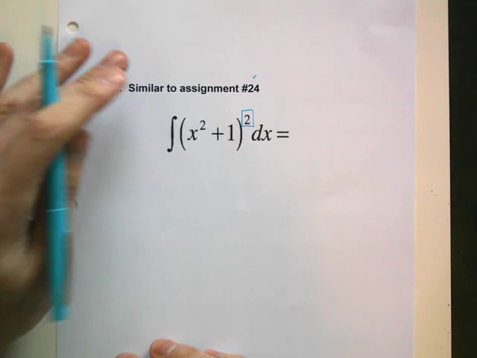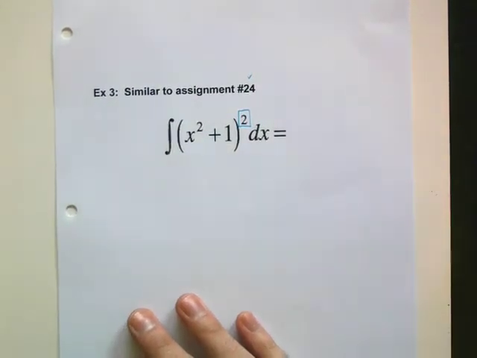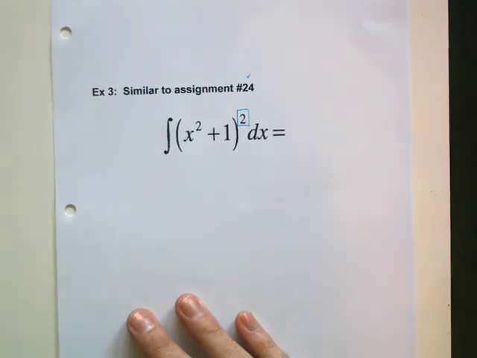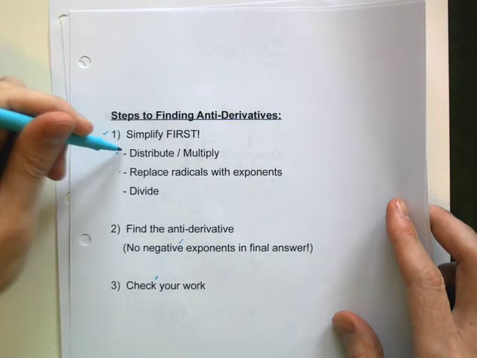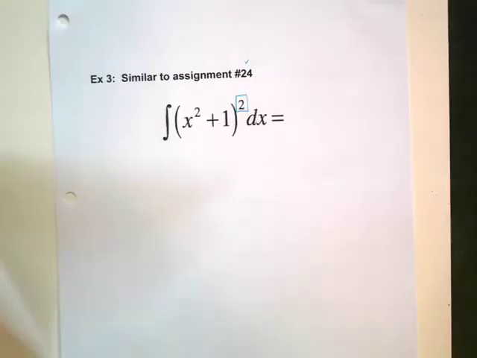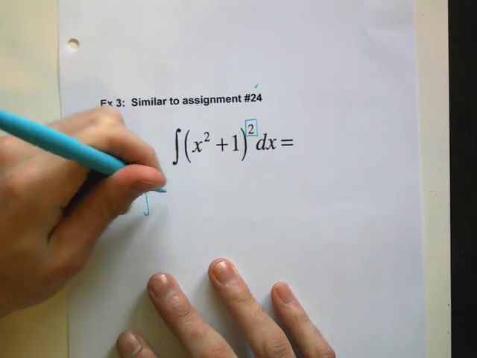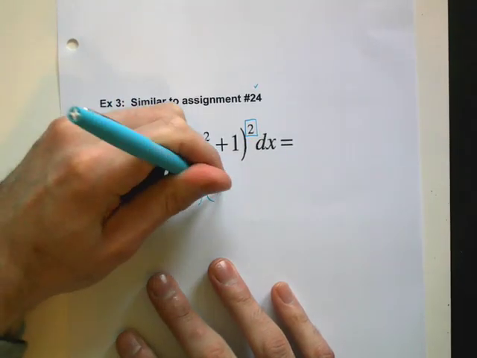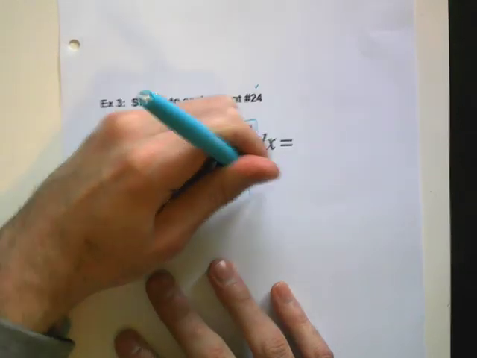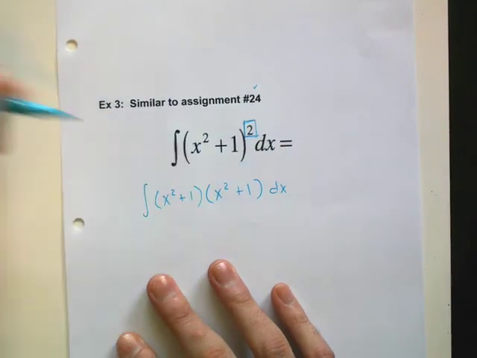Okay. So what we can do when you see that is, let's go back to our steps. Those steps that you wrote down, let me bring them back out on the camera here. When we're simplifying, if there's an opportunity to distribute or multiply, let's do that, okay? So I'm going to turn this into the antiderivative of x squared plus 1 times x squared plus 1 dx. The reason I did that is because there's 2 of them, so I wrote it twice.